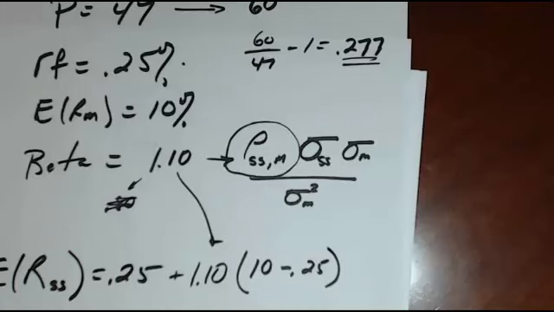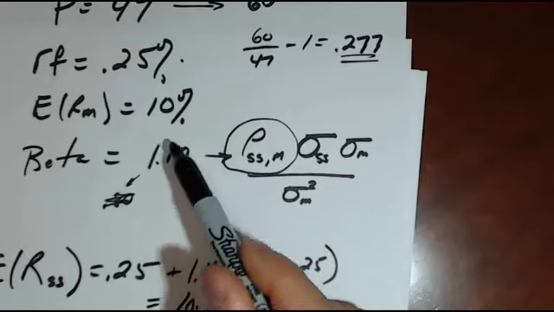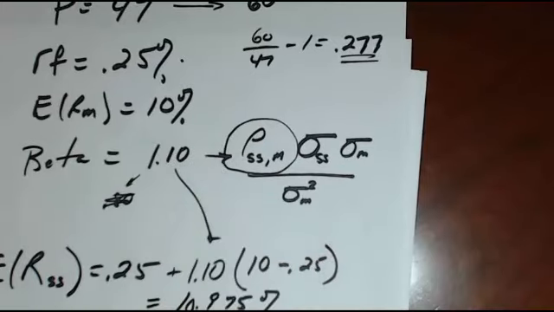When we do this calculation, we get 10.975%. We expect about 11% return for this stock. And think about it, it's about 10% more risky than the market because the beta is 1.10. So that kind of makes sense.